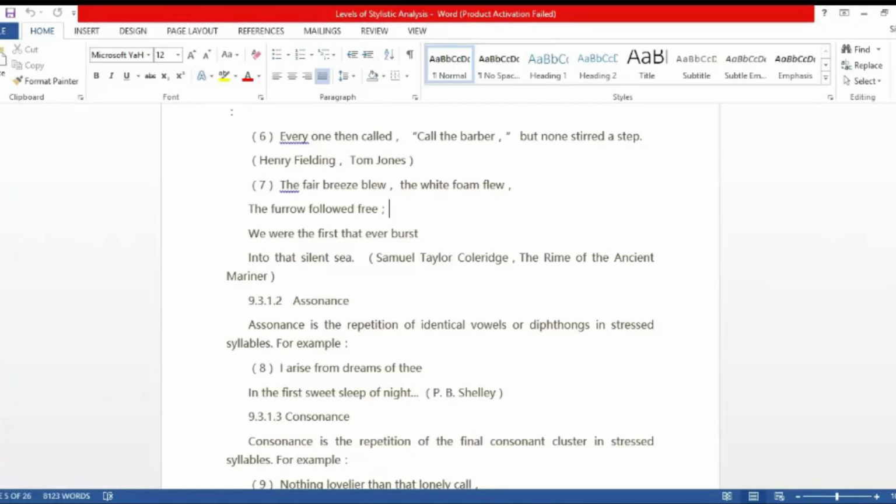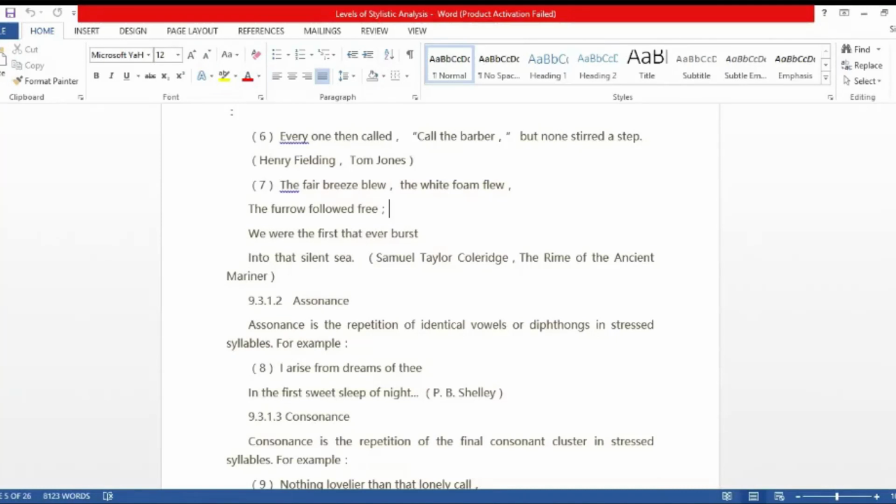My first question to you is, what kind of an image does Coleridge want to portray? My second question is, you are seeing certain consonants placed in the beginning of words, in the beginning of stressed syllables.